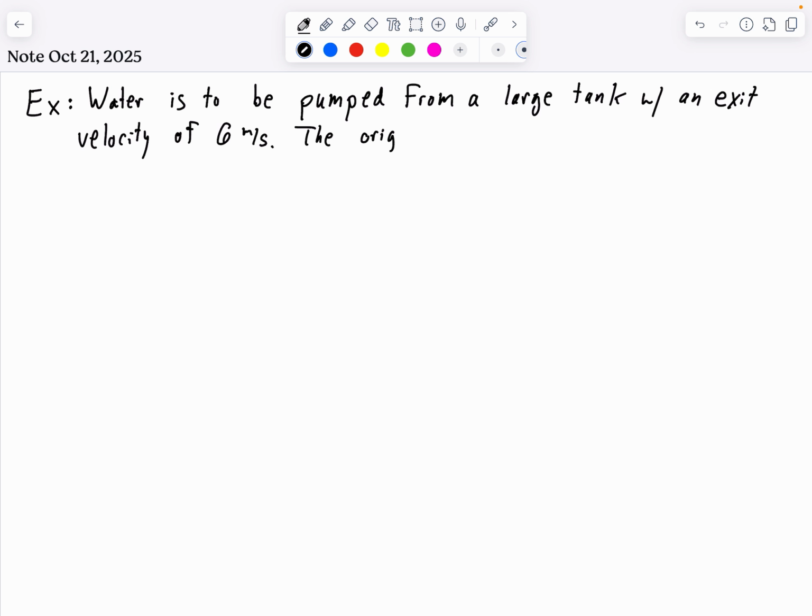The original 1 kilowatt power pump does not supply the necessary velocity.